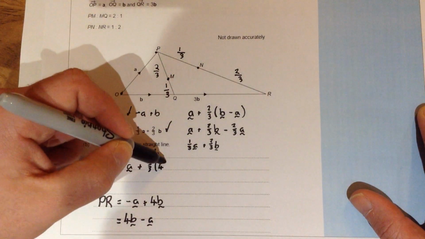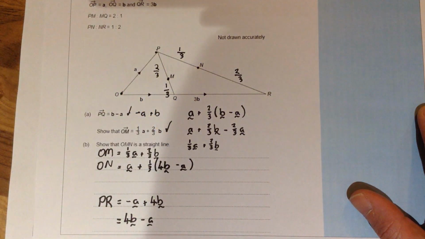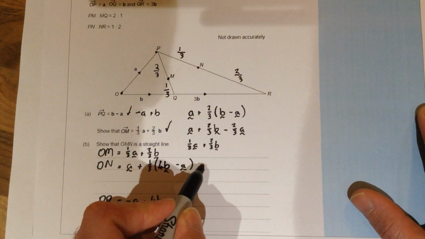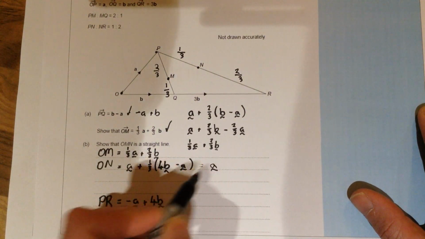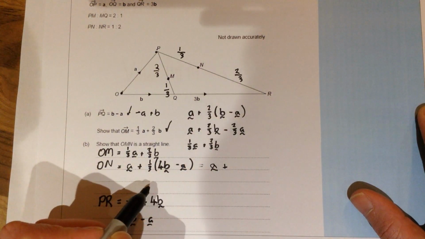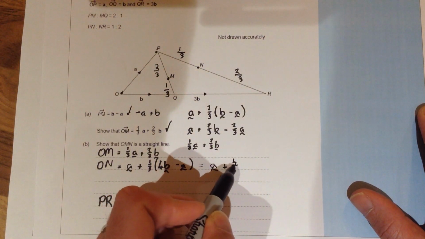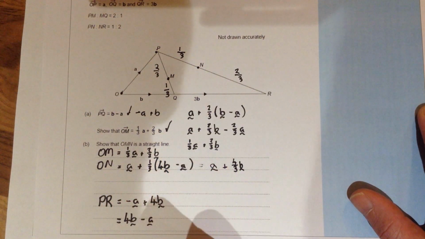So a third of 4B minus A. Now we need to neaten this up to make it look a bit nicer. So this would give us A plus a third of 4B. In order to do a third of 4B, we get 4/3 of B.